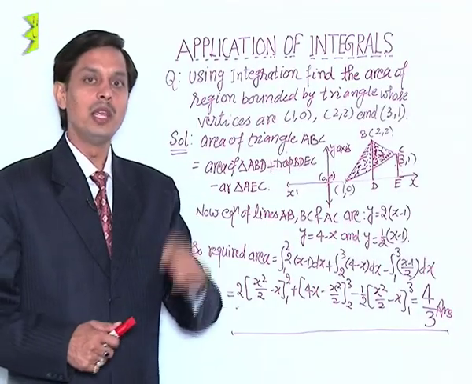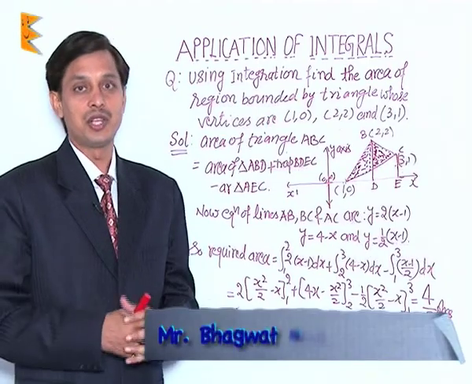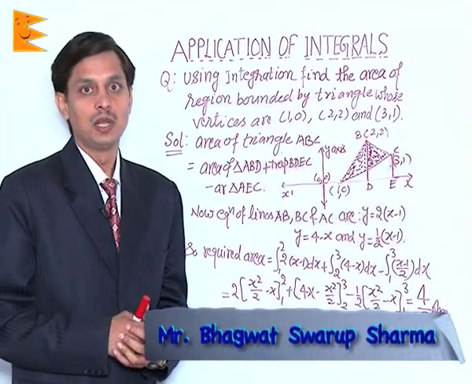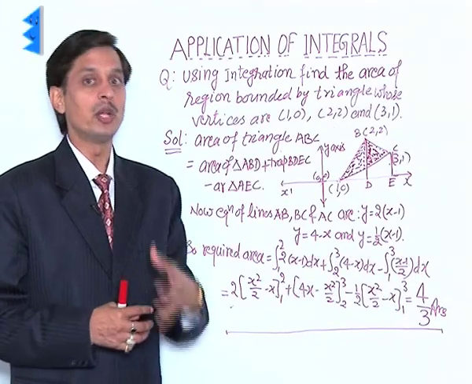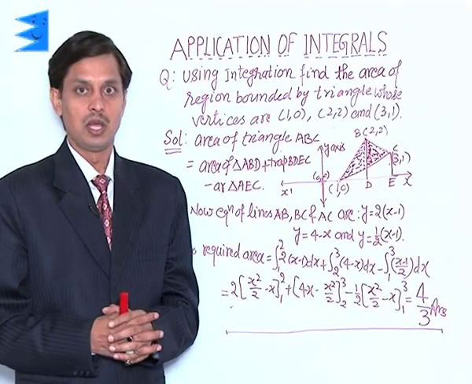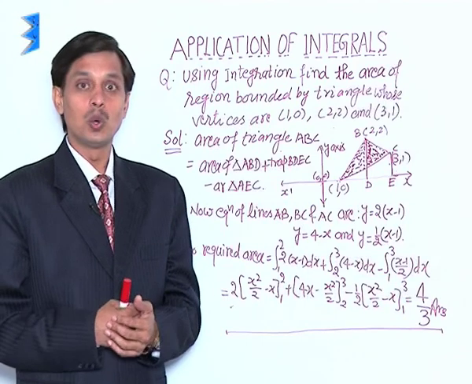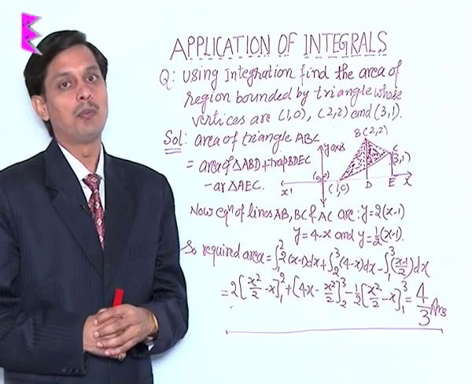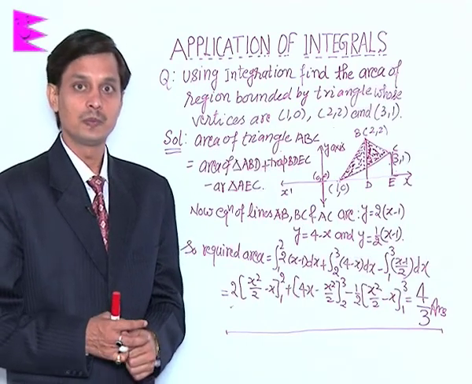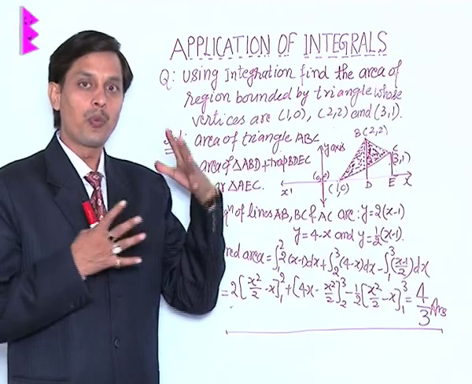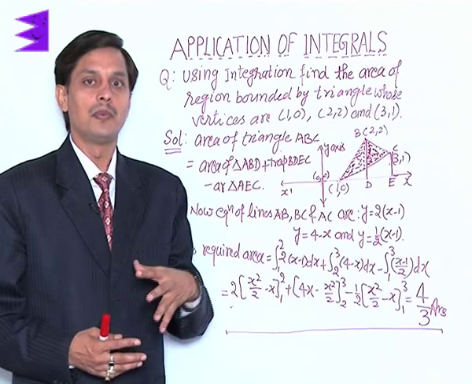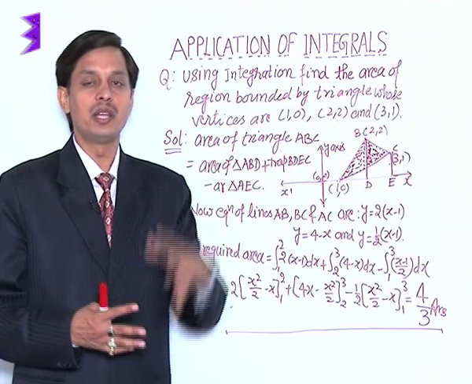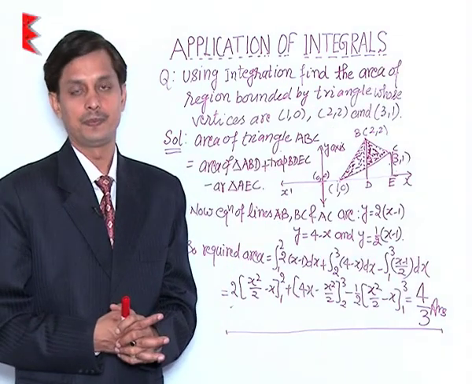Now, one of the very important, very interesting, fascinating questions based on area bounded regions I am going to discuss with you. The question is also very important from the examination point of view: how to find the area of a triangle or a quadrilateral if the coordinates of the vertices are given in a plane.